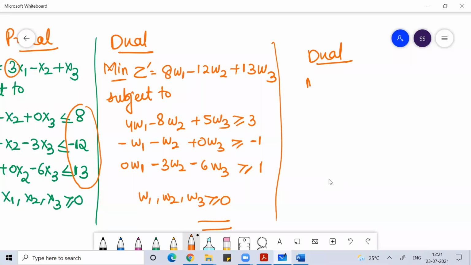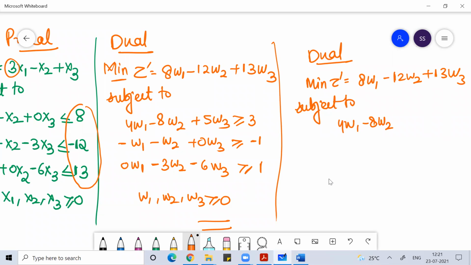Your dual form is minima of z dash is equal to 8w1 minus 12w2 plus 13w3, subject to 4w1 minus 8w2 plus 5w3 greater than or equal to 3.